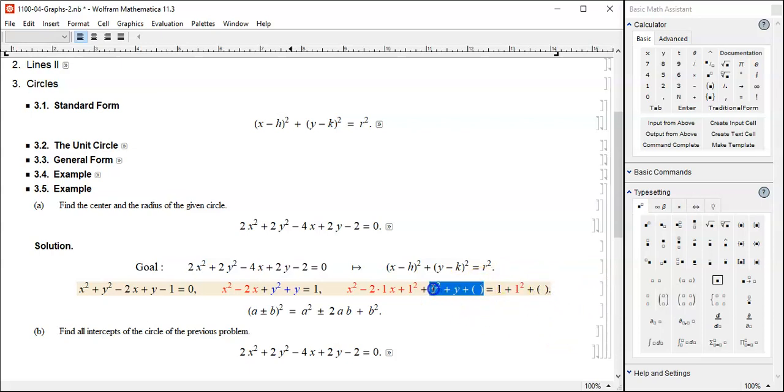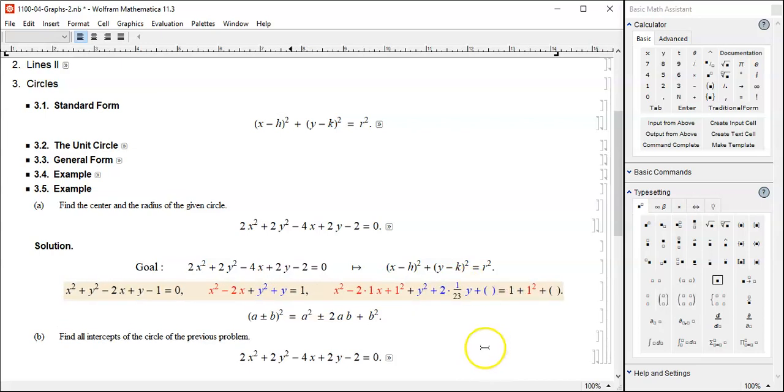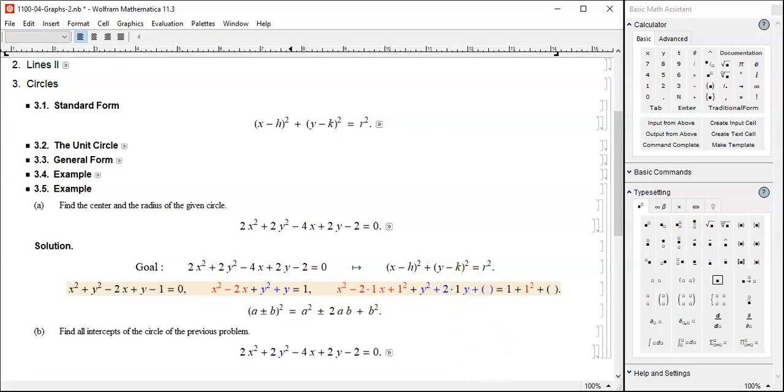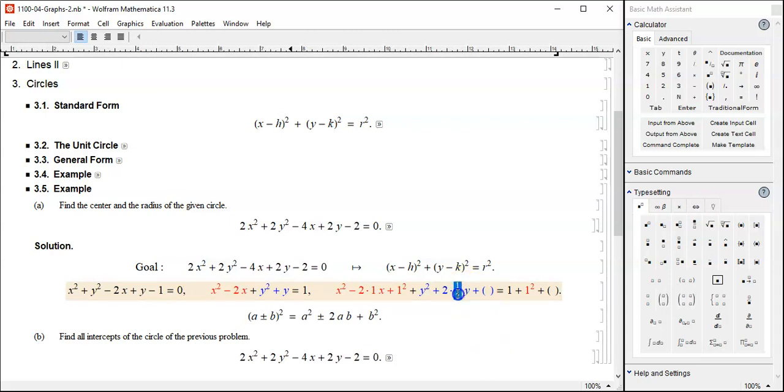Okay, how about this part? y squared plus y plus something, but here, look at this complete square formula. I need 2. I don't have 2 here, so we'll artificially make a 2 here. And that is my b value here. So here, I'm going to need that thing squared.